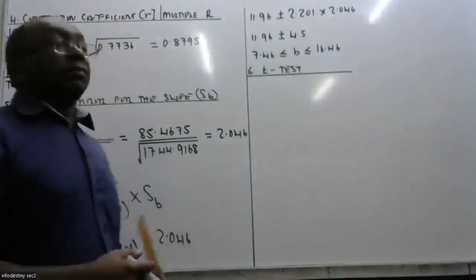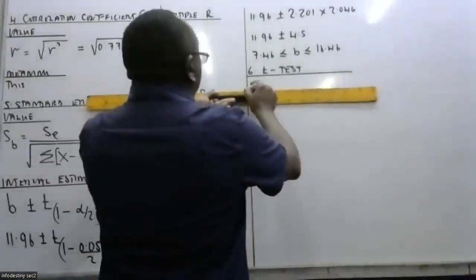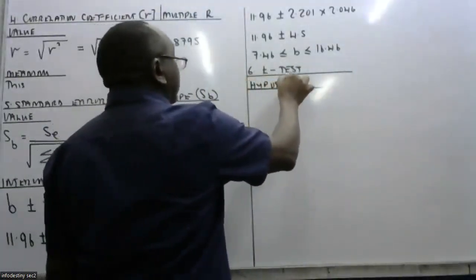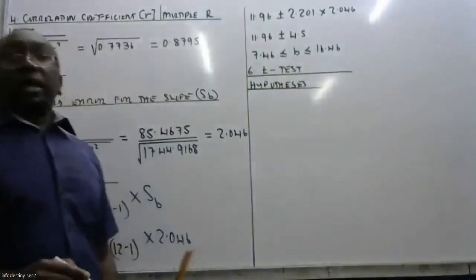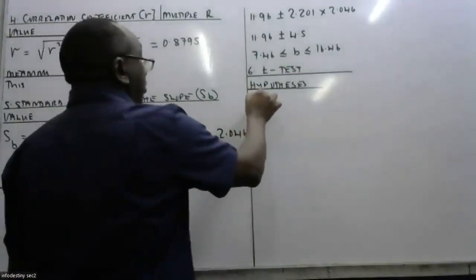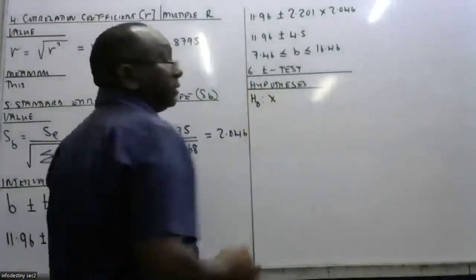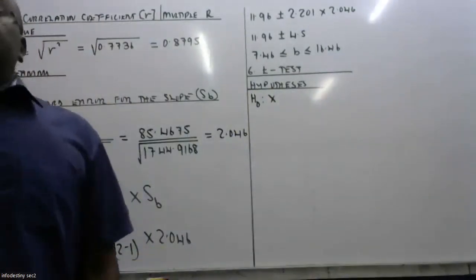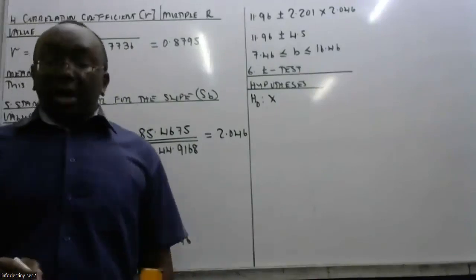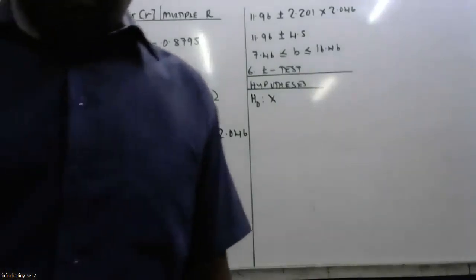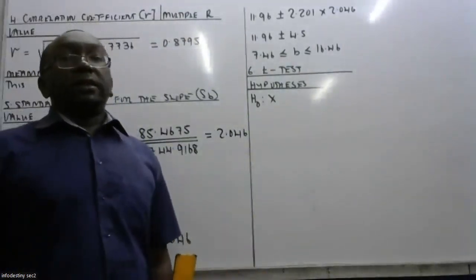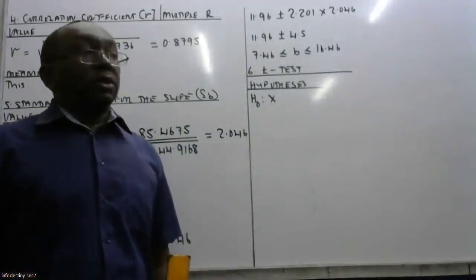So we do a hypothesis test. We begin like this. Hypothesis: H0 is written as X is not a significant determinant of Y.